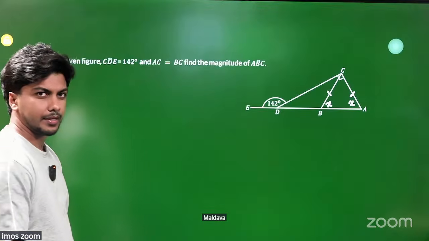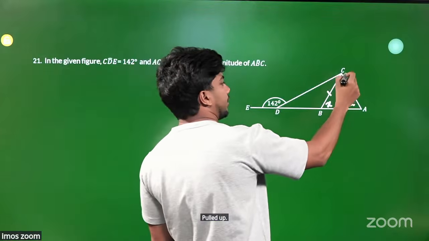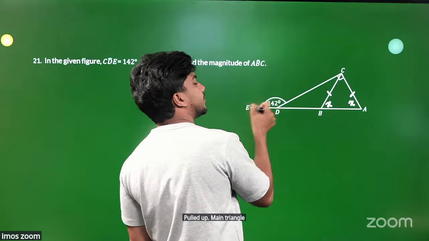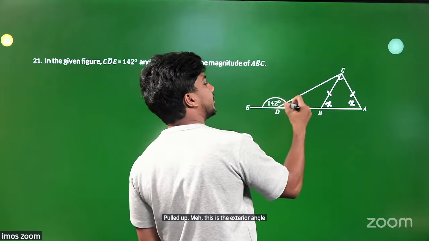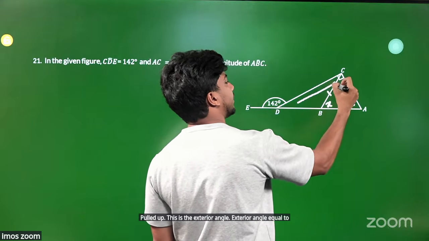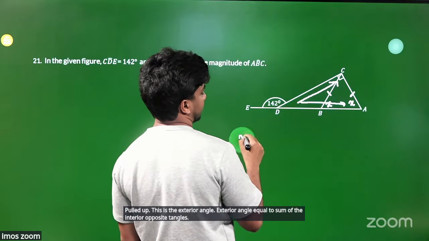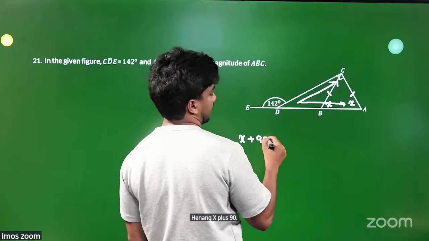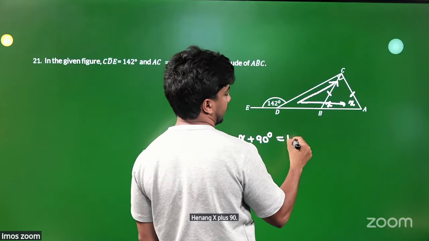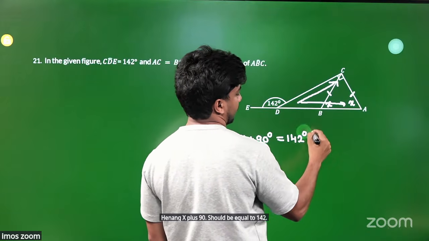In this triangle, this is an exterior angle. Exterior angle equals the sum of the interior opposite angles. So X plus 90 should be equal to 142. Why?